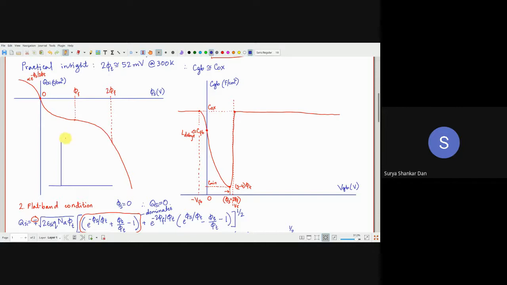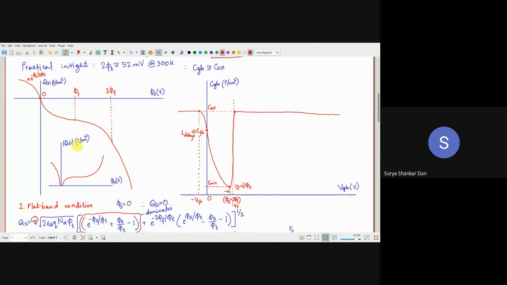Okay, so you are going to put here QSI in coulomb per centimeter square. This is your phi s as a function, as a voltage. So what will be your characteristics? In textbooks you will find it like that. From here, okay, this is what you will find in textbooks with a mod sign.